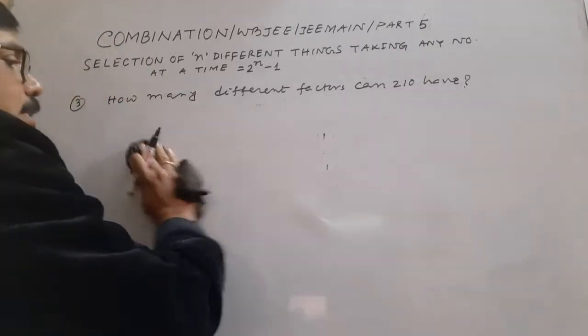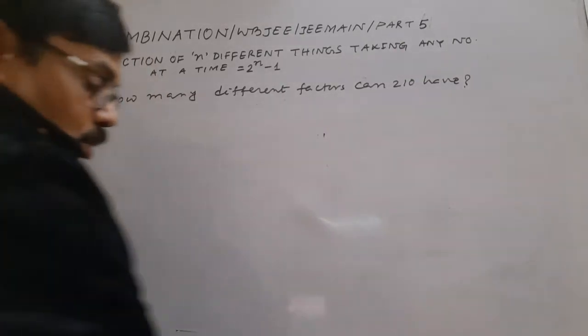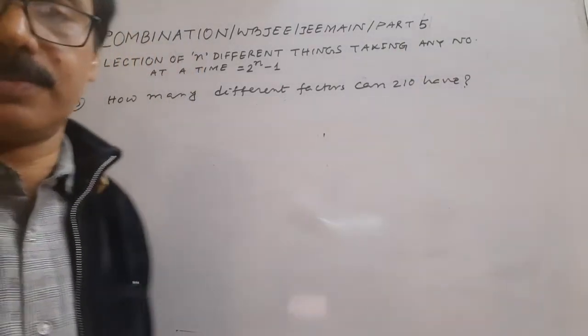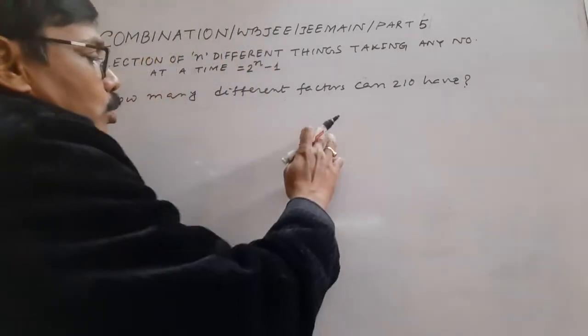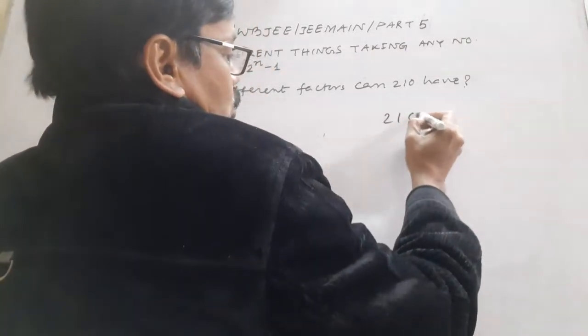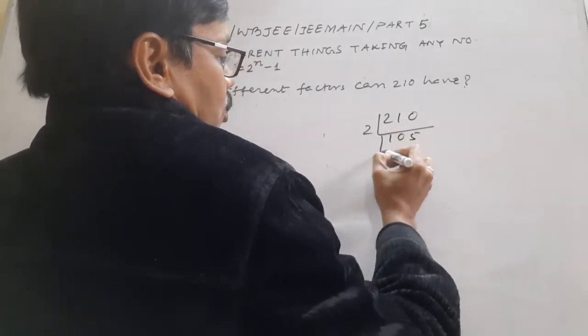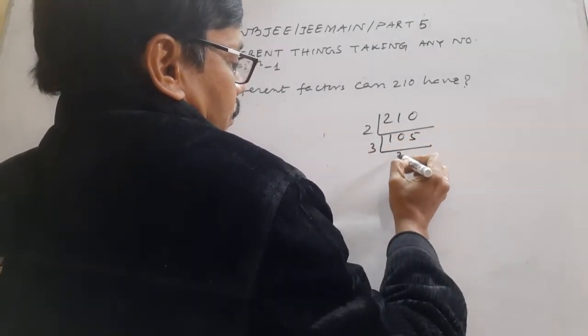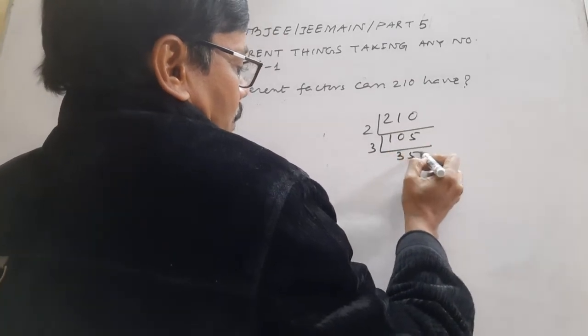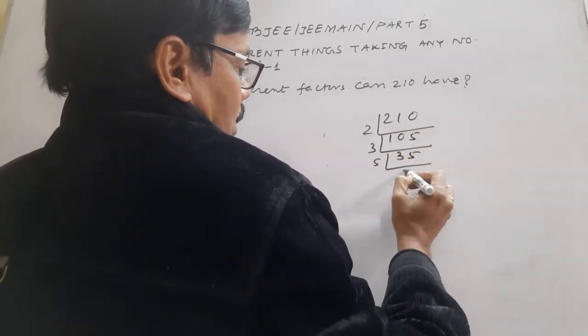So if the number is greater, what is the rule of finding factors? So look, 210 is 2 into 105, 3 into 35, 5 into 7.